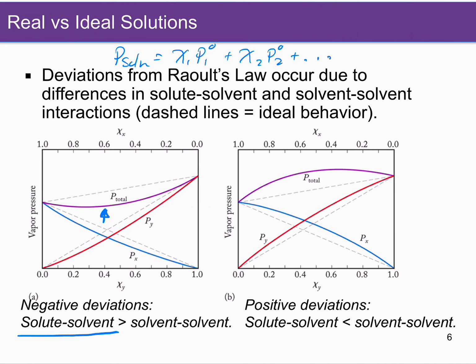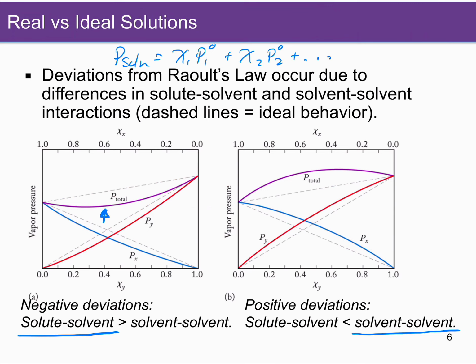Now, the opposite effect happens if the solvent-solvent interactions are greater than the solute-solvent interactions. So in this case, the solvent really likes to stay together and it doesn't like to interact too well with the solute. So it requires less energy to separate the solute and the solvent.